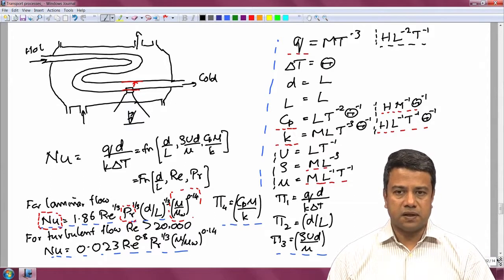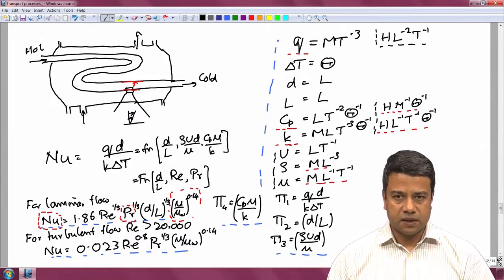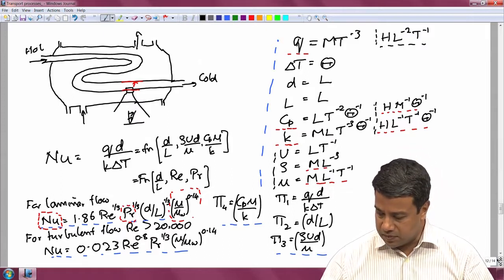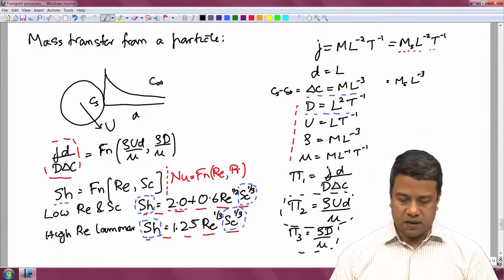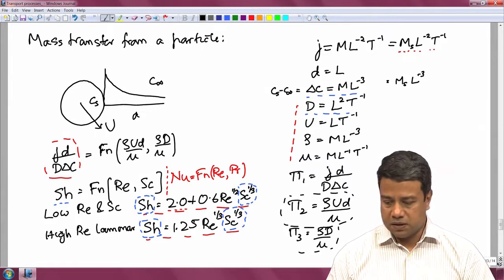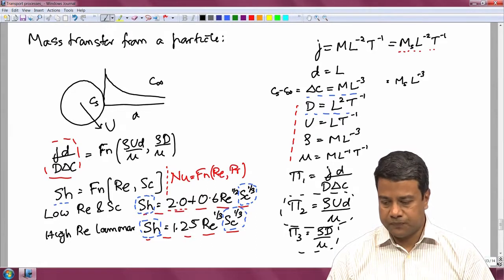You have to derive correlations based upon experiments, or as we shall see in this course, actually do calculations which will give you the forms of these dimensionless numbers. We had also looked at transfer of mass from a particle due to the concentration difference between the surface and the bulk fluid far from the particle.